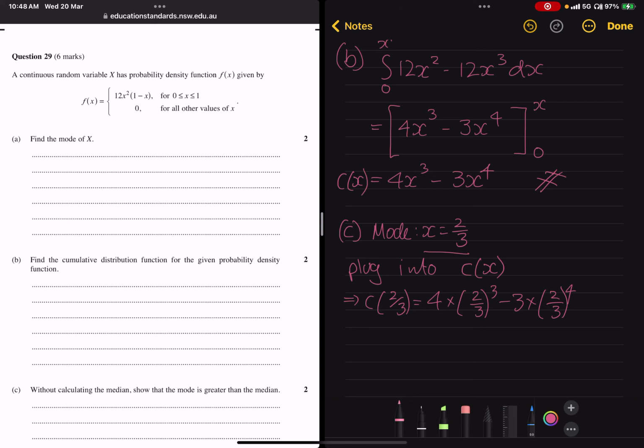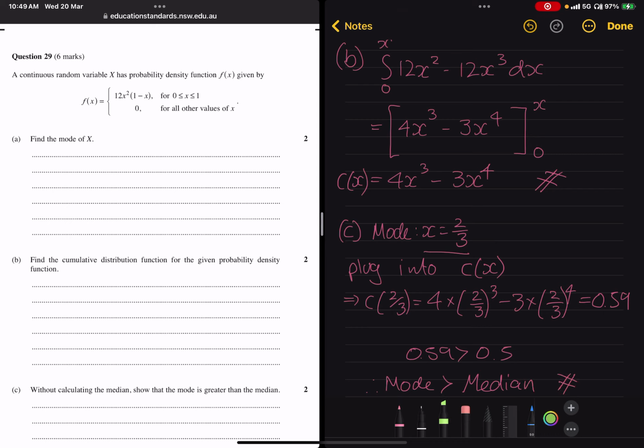So we've got 4 times 8 on 27 minus 3 times 16 on 81 when simplified, and this ends up being about 0.59. Now 0.59 is greater than 0.5, and therefore the mode must be greater than the median. And this is the answer that we're after.